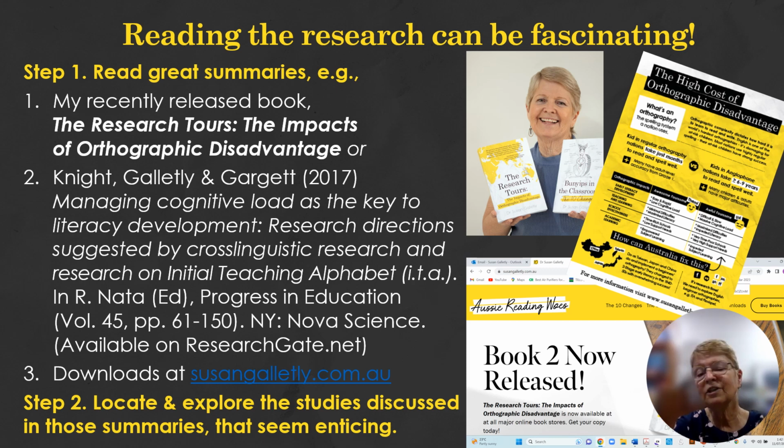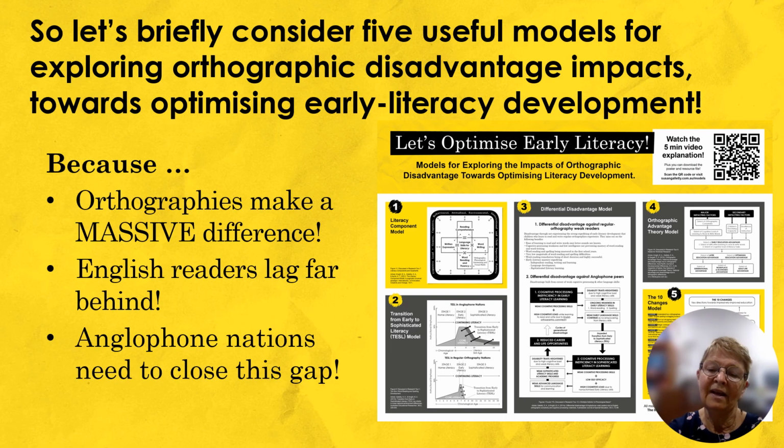Seymour et al., the Welsh English studies of Spencer and Hanley, Frith, Landerl and Wimmer's studies comparing German and English children, Kossue's study of children with intellectual disability, and what have you. You will find them fascinating. So Anglophone nations very much need to consider orthographic disadvantage and cross-linguistic differences between us and other nations, and how we can close that gap.